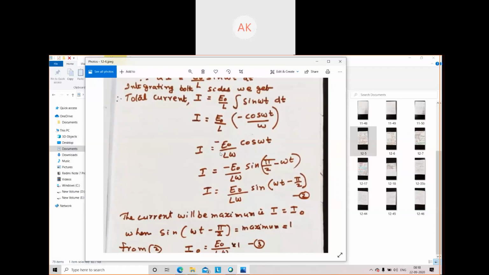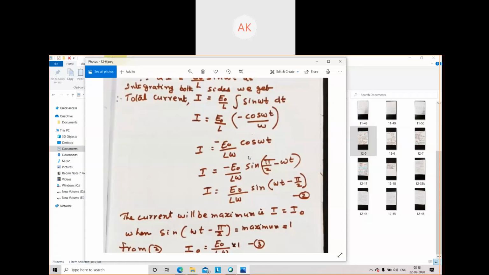Next step, minus E0 by L omega sin, cos omega t is written in terms of sine. Why? Because we are going to find the phase relationship between voltage and current. The voltage formula is E equal to E0 sin omega t. So in terms of sin, first we write, and omega t also should be there.